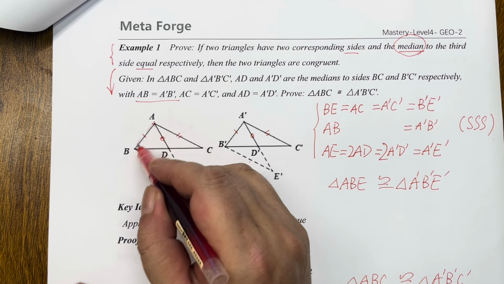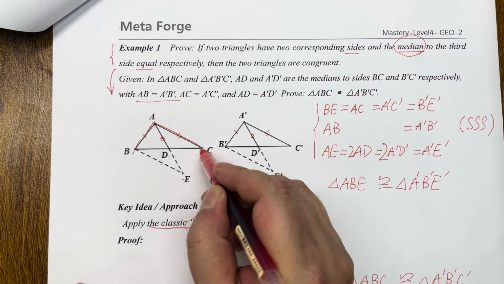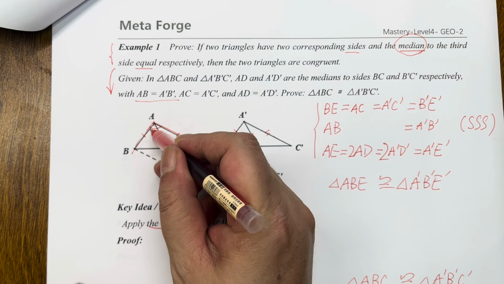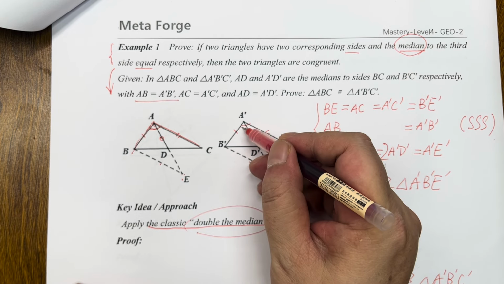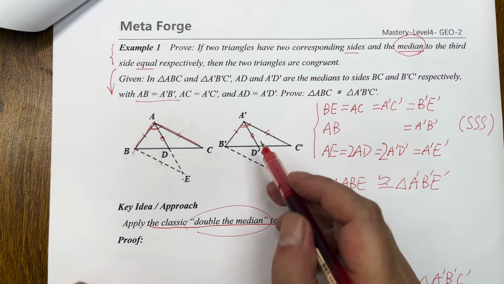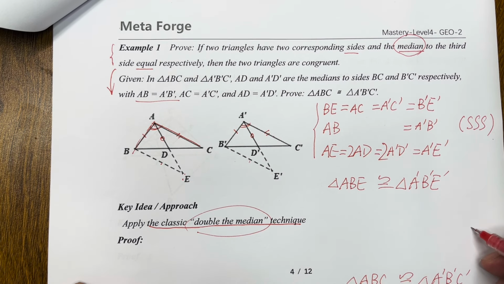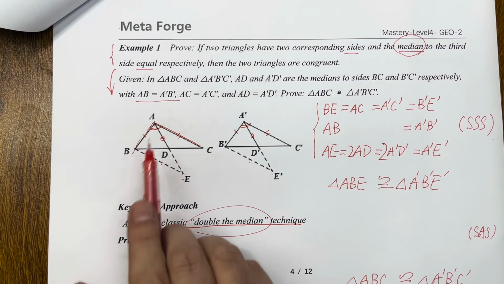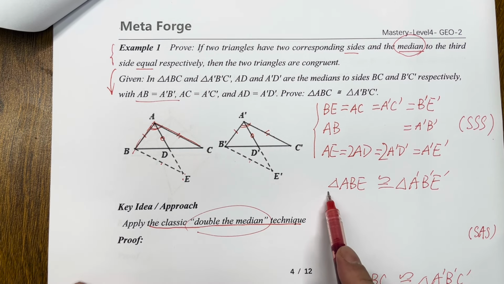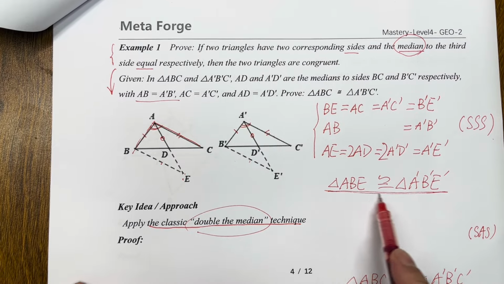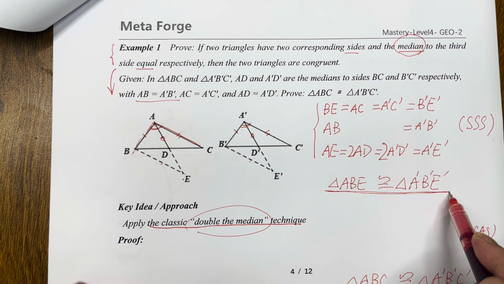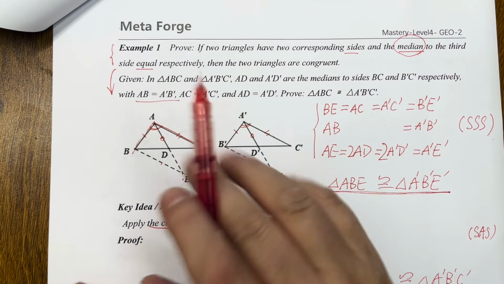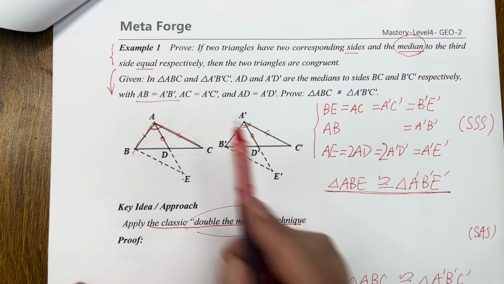We need these two sides equal correspondingly, so we need this angle to equal this angle, the included angle. So what I should do is use the previous congruent relationship to draw a conclusion that these two angles are equal.